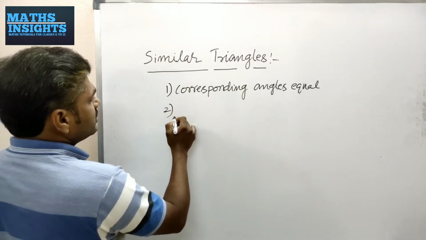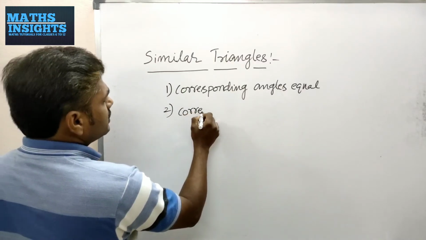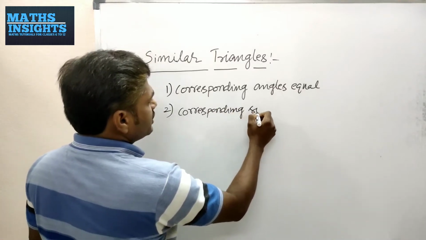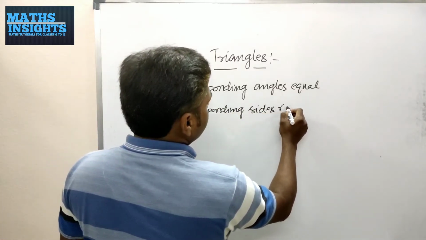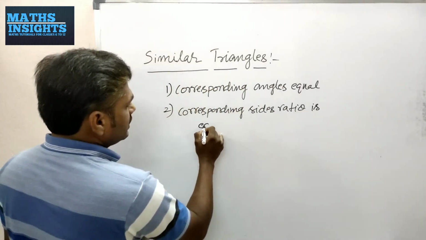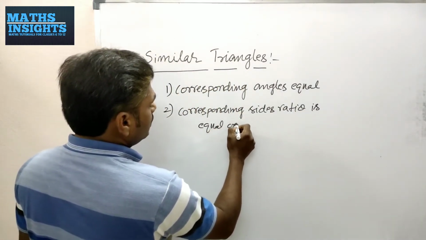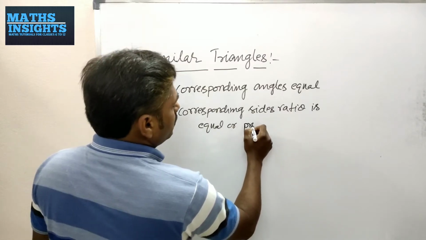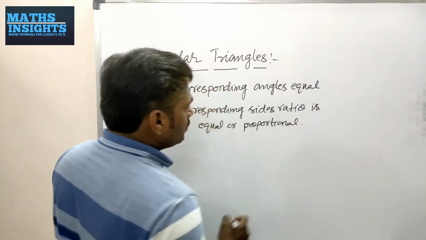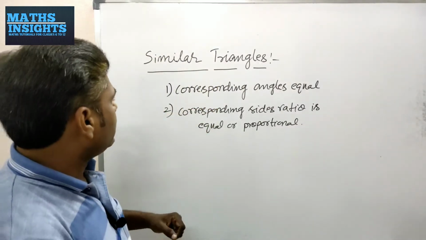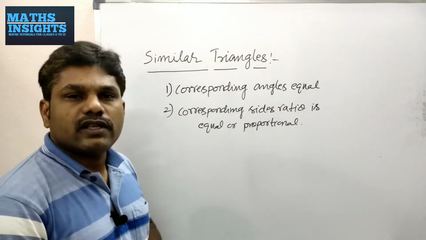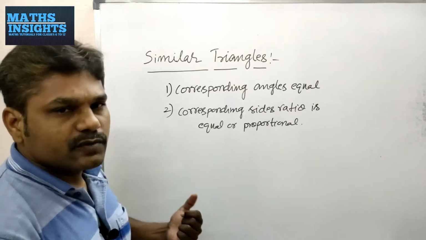Second one is corresponding sides ratio is equal or proportional. If any two triangles satisfy these two conditions, we will say that those two triangles are similar triangles.